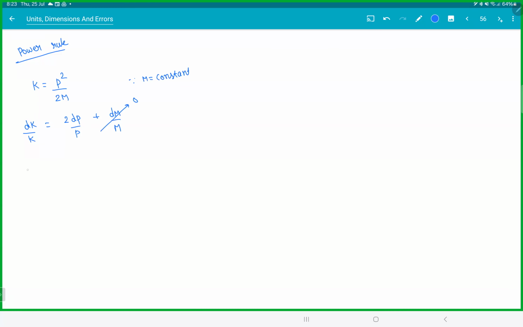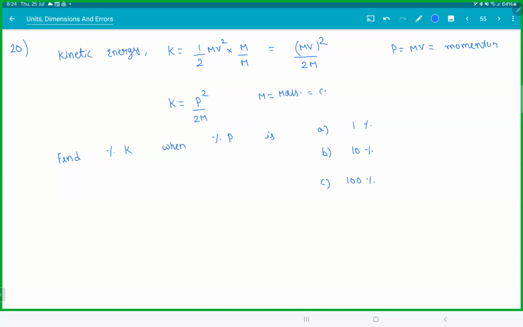So we get 2 dP by P. So literally percent error in K is 2 times percent error in P. So for the first case, the answer would be 2%. Second case, the answer is 20%. The third case, the answer is 200%. Mass is constant there, I didn't give you. Right, mass is constant.